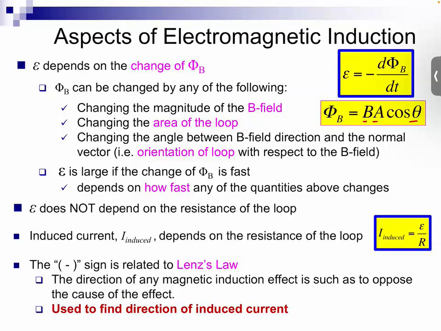I essentially change how many magnetic field lines are crossing through my loop. And that's why the brightness of the bulb changed, because I changed how much voltage and therefore how much current is created in my wire loop. So that's one way of generating a voltage. Change the magnetic field strength.